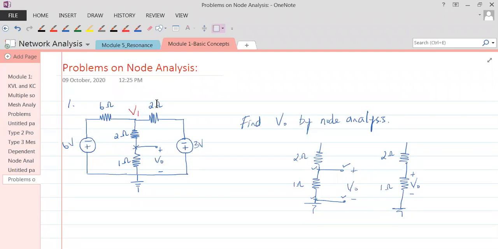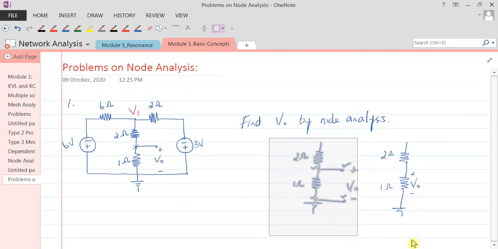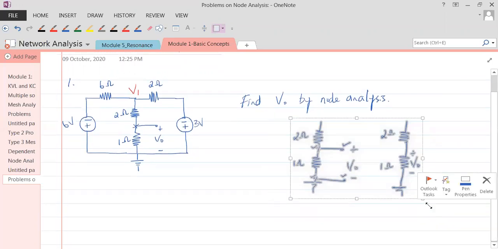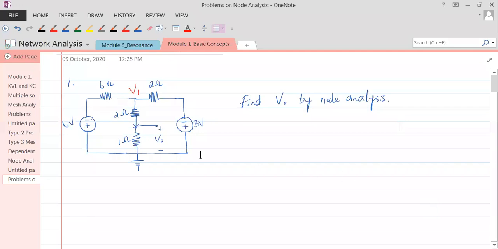Everybody's okay with that? Fine. So the very first thing that you would say in the solution is: mark V1 as shown in the figure.